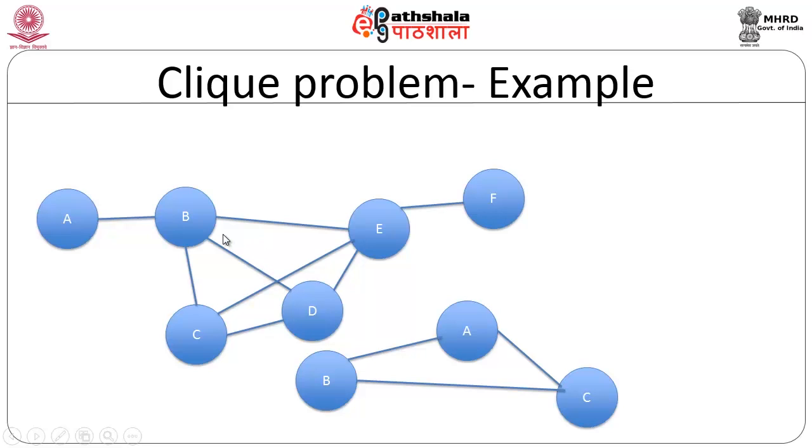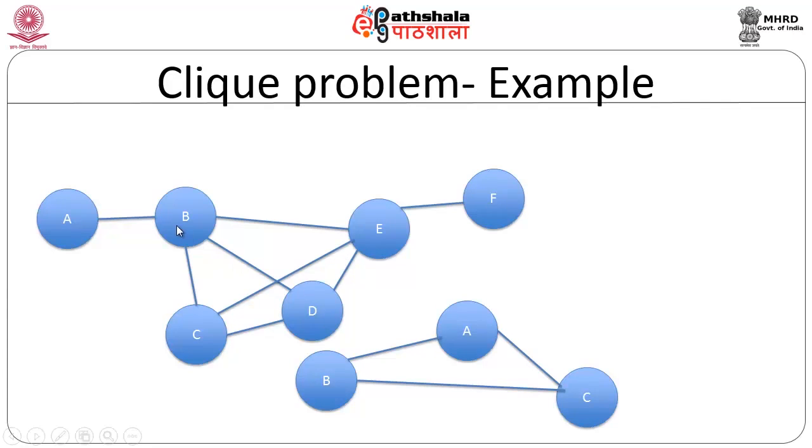Take this example, a graph where you have vertices A, B, C, D, E and F. The Clique problem asks for a subset which is a complete subgraph. You can say B, C, D, E is a clique, which is a completely connected graph, where you can see that there is an edge between any node and any other node.